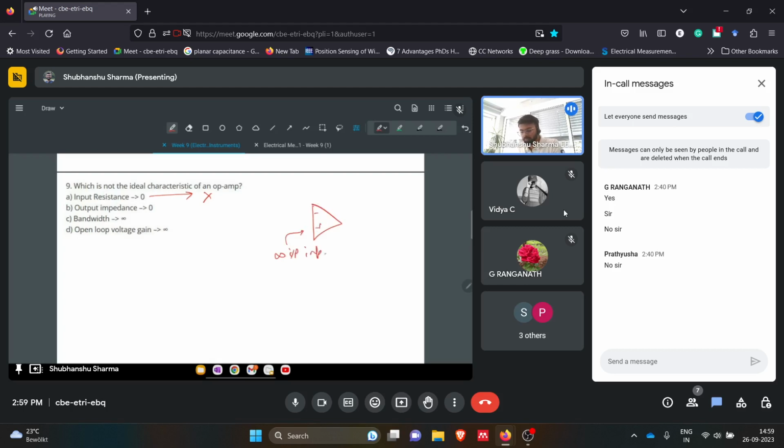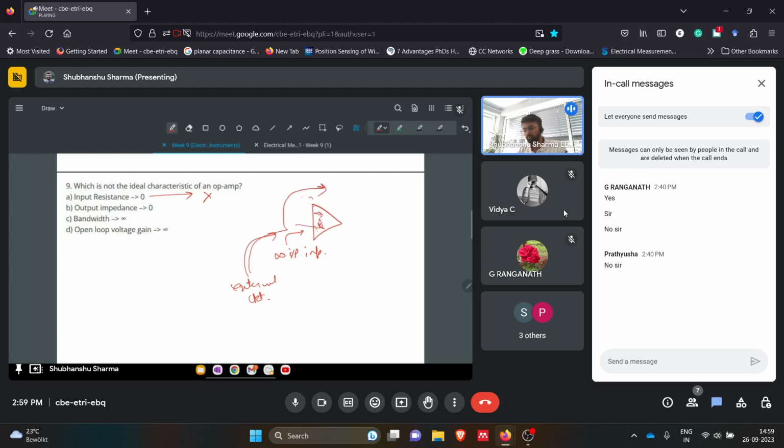Why? Because if we are using this as an amplifier and connecting this to some external circuit here, then if the input impedance of this is less, the current, instead of going through the feedback, will go into this.